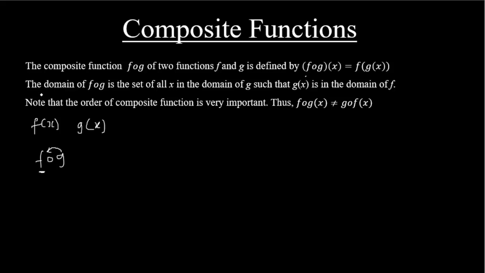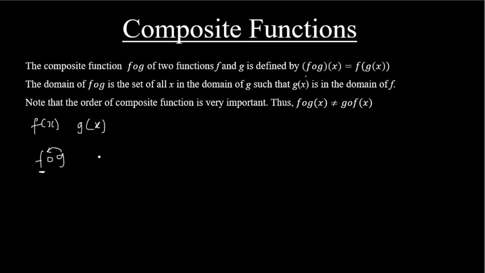So that is the meaning of the statement that the domain of f of g is the set of all x in the domain of g, such that g of x is in the domain of f. So wherever we see x in the function f, we put the whole of function g to replace x in f.